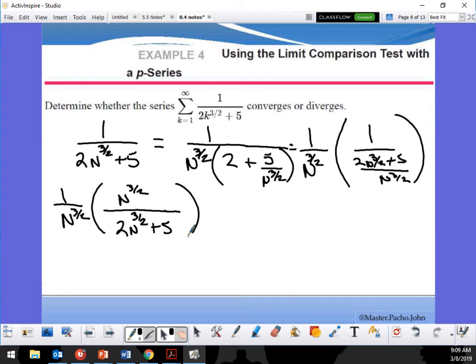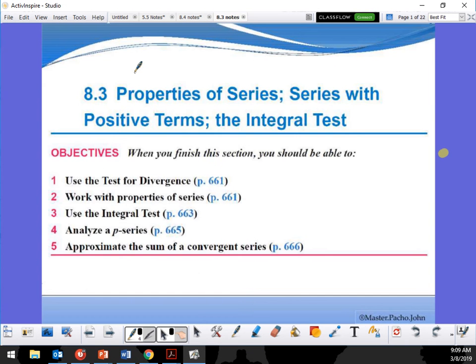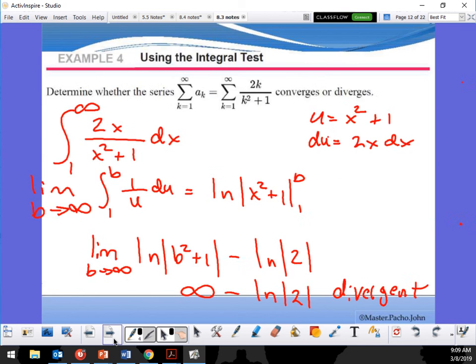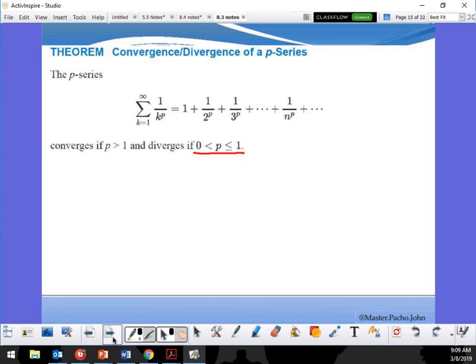Okay, so now let's take this piece right here, the P series. From my P series, P is going to be between 0 and 1.